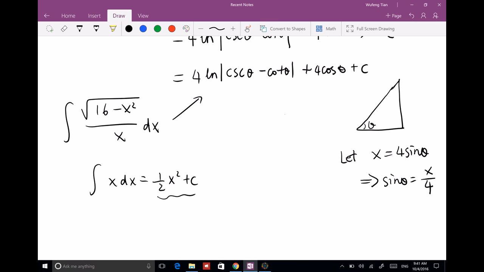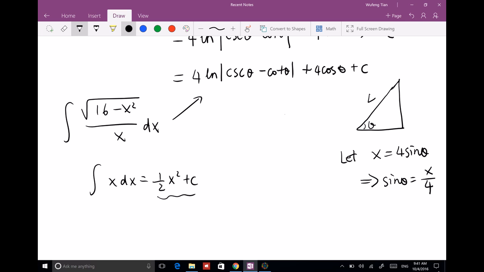So now I have a triangle here. I draw a triangle with theta here. Now can you help me find the 3 sides? This is theta. So what would this side be? Zijian, if you know that, could you please start? 4 is going to be the hypotenuse.